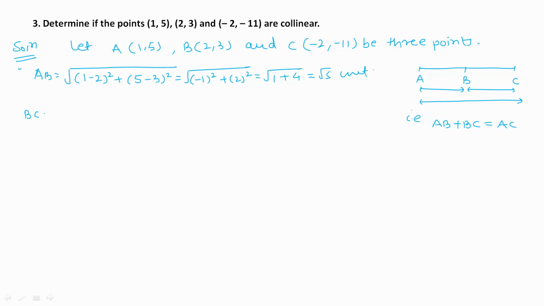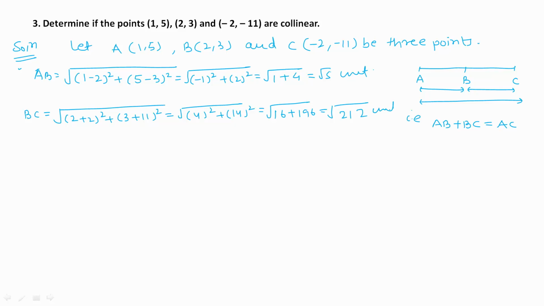Now the distance BC is equal to under root (2 + 2) whole square plus (3 + 11) whole square. This will be equal to 4 whole square plus 14 whole square, 16 plus 196, which is under root 212 units. And the distance CA is equal to under root (-2 - 1) whole square plus (-11 - 5) whole square.